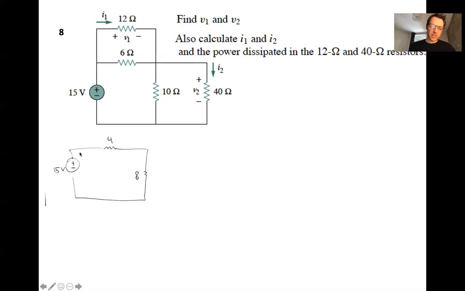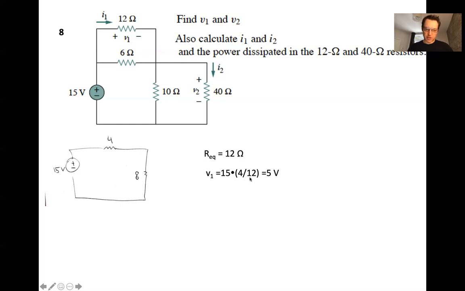And so how does that help us? Well, it helps us because now we know the voltages V1 and V2. V1 is still the voltage between this point, and V2 is still the voltage between this point and this point. So we want to apply voltage division. The voltage V1 is equal to 15 times 4 divided by 4 plus 8.